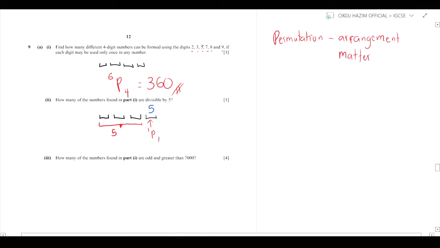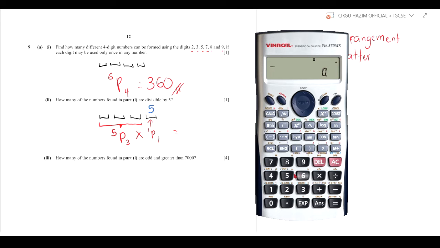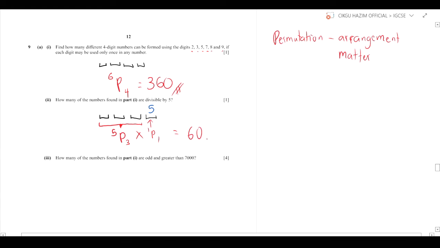You already chose 1, so you cross that one out and have 5 remaining. That is to be filled into 3 seats. Then you multiply: 5P3 multiplied by 1P1. Of course you already understand that 1P1 is 1, but this is just so you understand how the calculation works. So 60 multiplied by 1 is still 60. That's how we do question number 9A2.